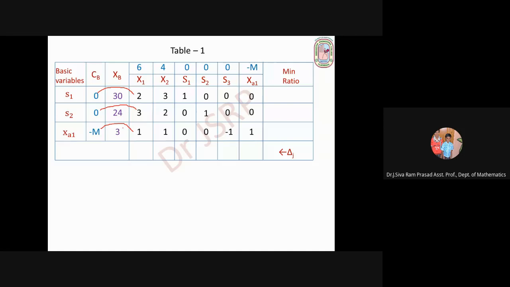So this product is minus M, minus of this value 6. So in formulation, delta 1 equals CBX1 minus C1. CB is the row vector 0, 0, minus M, into capital X1, the column vector 2, 3, 1, minus C1, that is 6. So 0, 0, minus M, minus 6. So this value is minus M minus 6. This is delta 1.